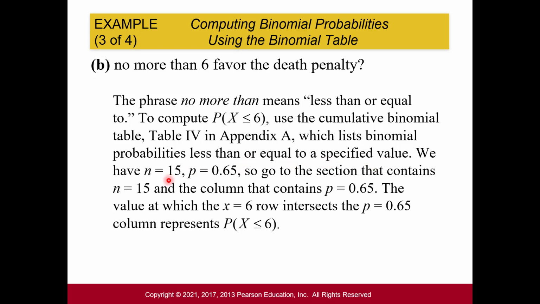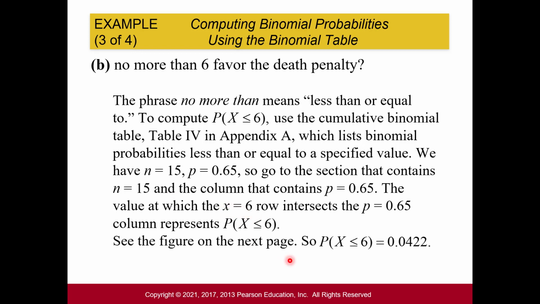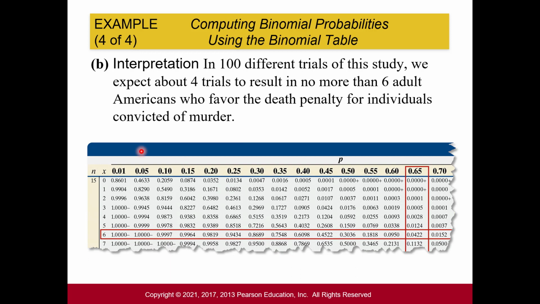In our case, N is still 15, P is still 0.65, but now we're going to look for the row corresponding to X equals 6. This would be the table for the cumulative binomial probability distribution. Again, you can find these tables normally in a textbook or online.